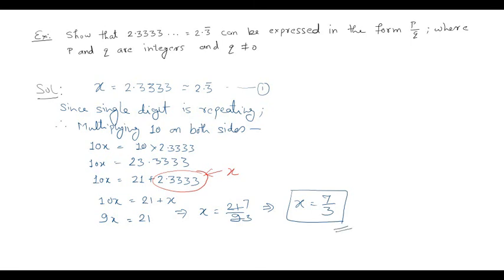We can also verify by reversing. When we divide 7 by 3, 3 twos are 6, the remainder is 1, so we put the decimal point. Then 3 threes are 9, again remainder 1, again 3 threes are 9, and so on.